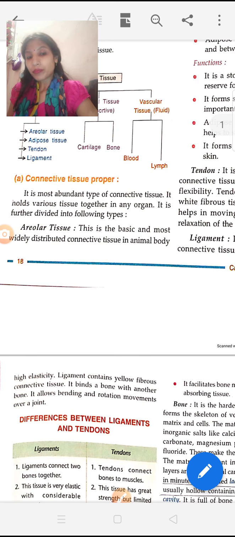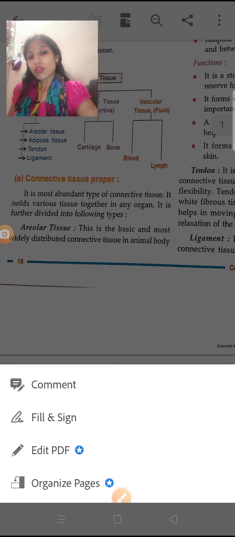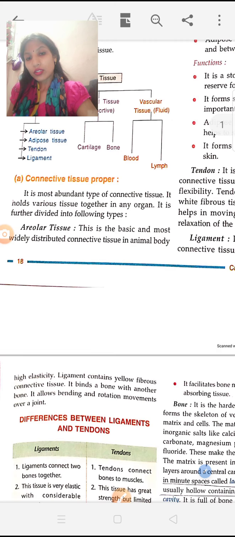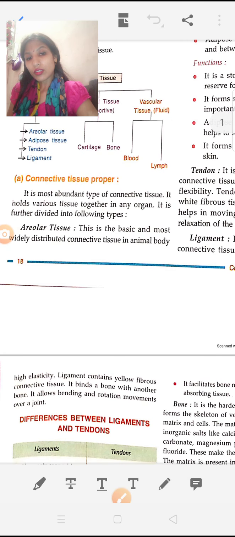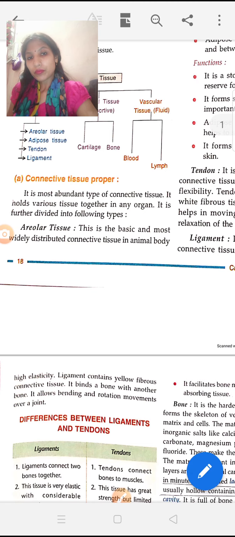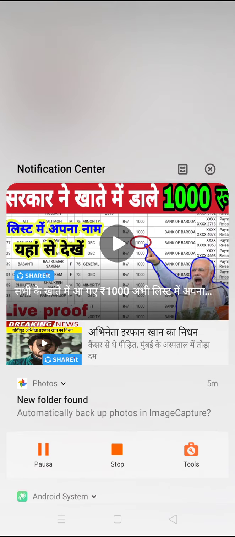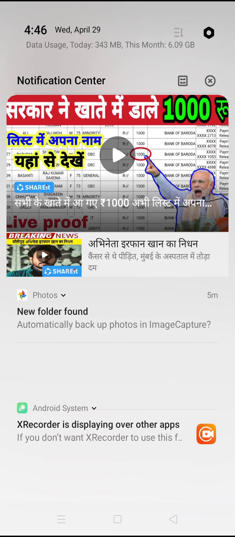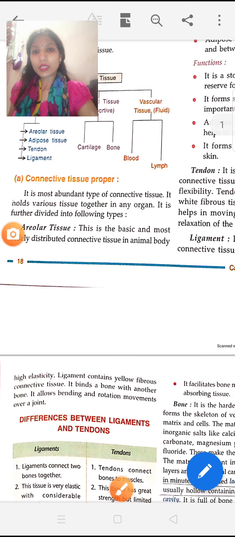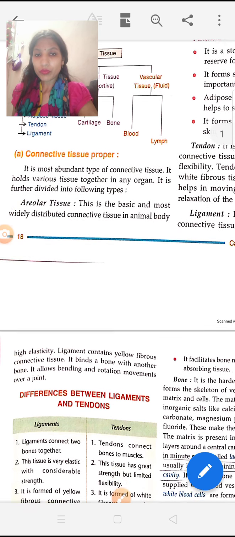See students, areolar connective tissue, what is the meaning of areolar tissue?